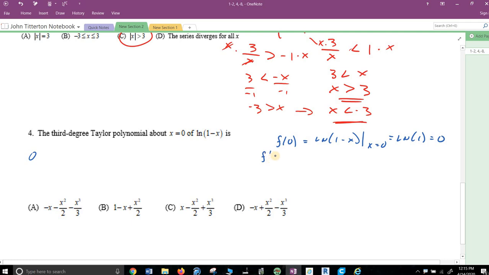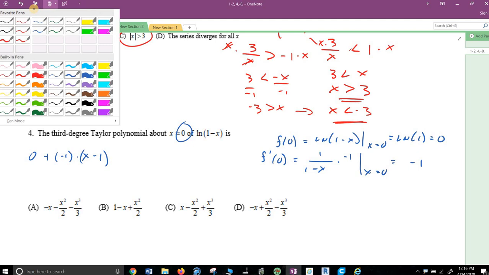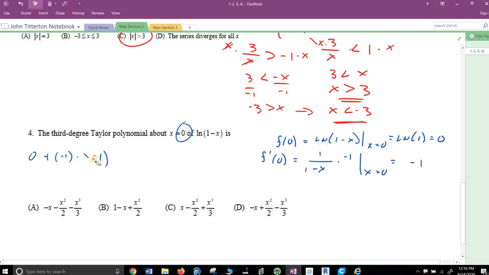Now we need f prime of 0. Well, that's 1 over 1 minus x times negative 1, which I forgot the first time I did this, at x equals 0, which is negative 1. So we get plus negative 1 times x. It's at 0, so it's just going to be x. If it was at 1, it would be x minus 1 in parentheses, but it is not. All right.